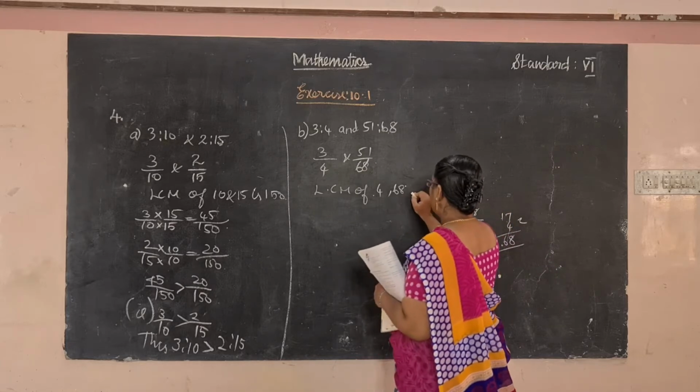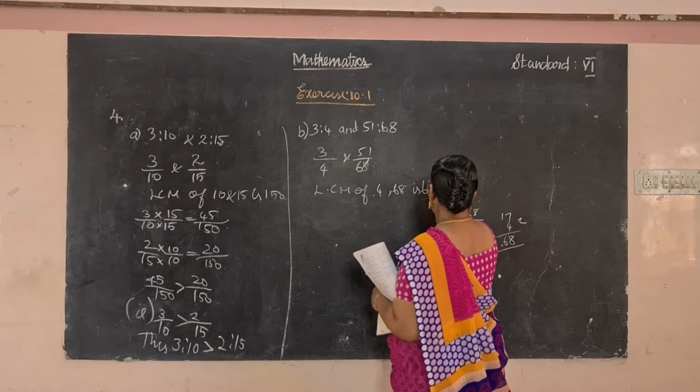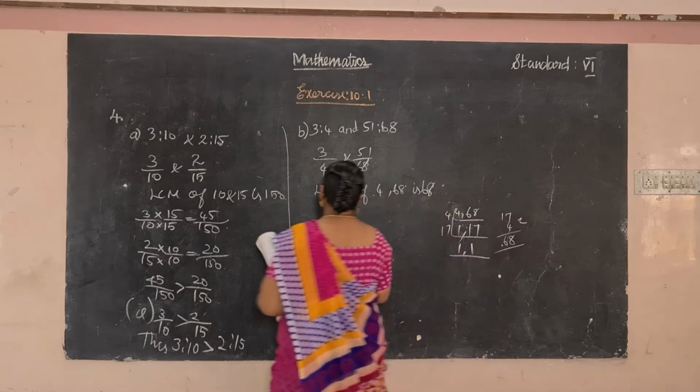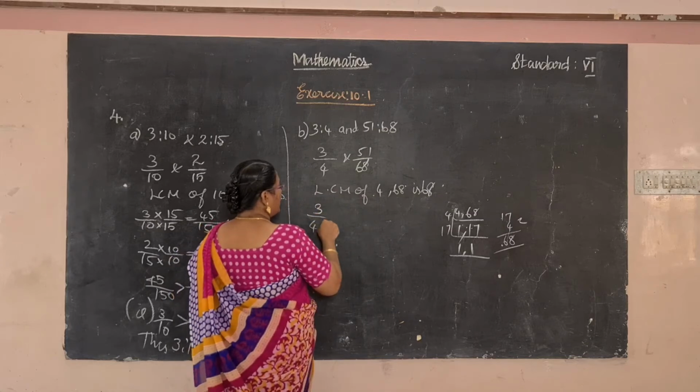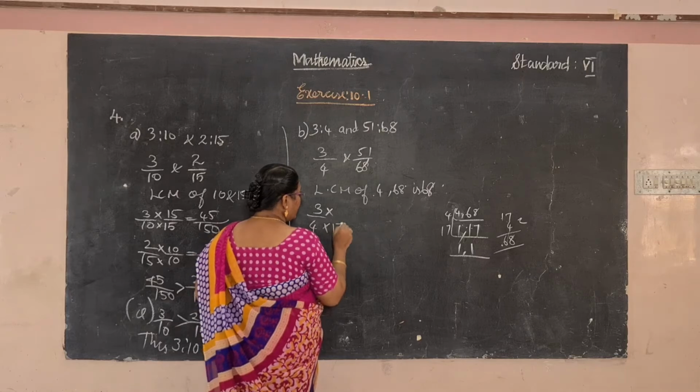So the LCM of 4 and 68 is 68. Okay, so for 3 by 4, the number that multiplies the denominator 4 to get 68, we multiply the numerator by that number also.